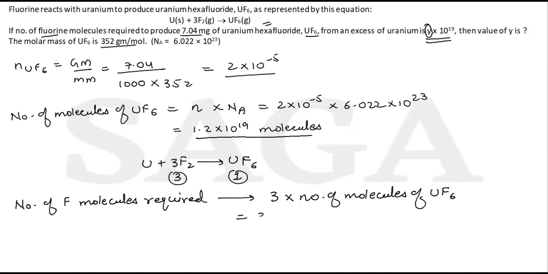It will be equal to 3 into 1.2 into 10 raised to the power 19. This will be equal to 3.6 into 10 raised to the power 19.